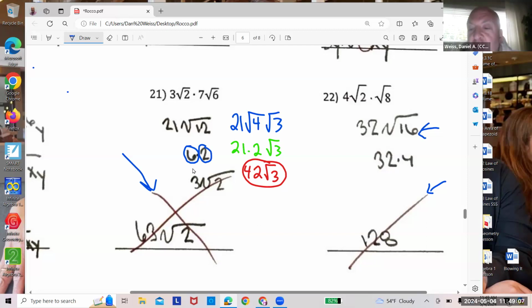This is good. And then square root of 16 is 4. 32 times 4 is 128. This is totally right. I don't know. I don't get it.